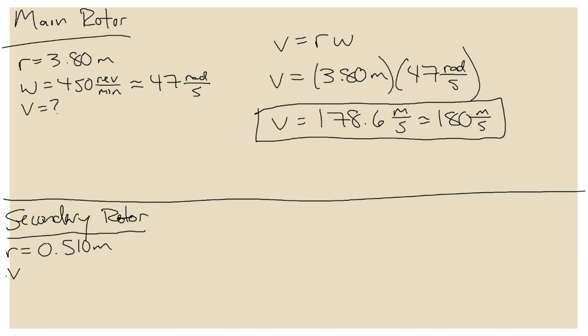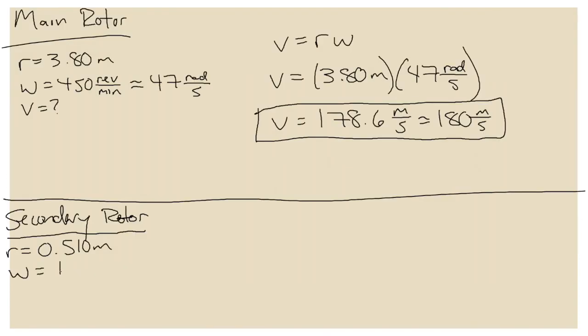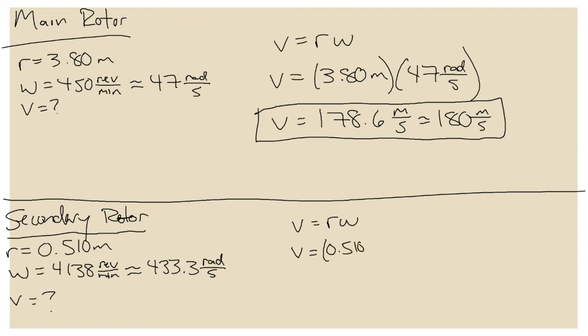They told us that the angular velocity of this secondary rotor is 4,138 revolutions per minute, which to four significant figures, once we convert it, gives us 433.3 radians per second, and we're looking for V. So we use the same equation, V equals R omega, and V then equals 0.510 meters times 433.3 radians per second.